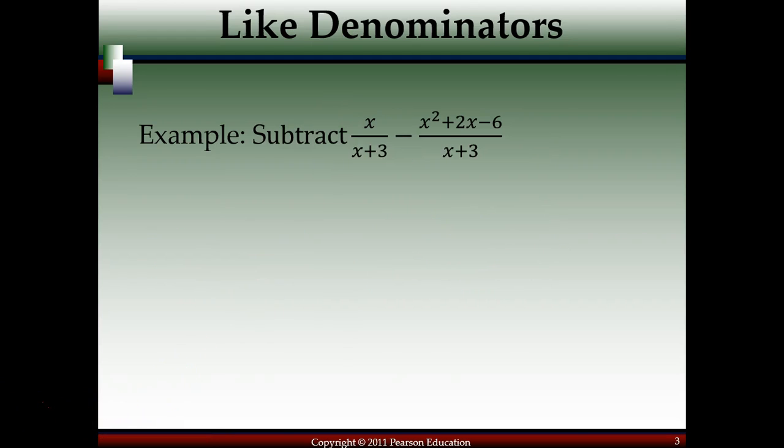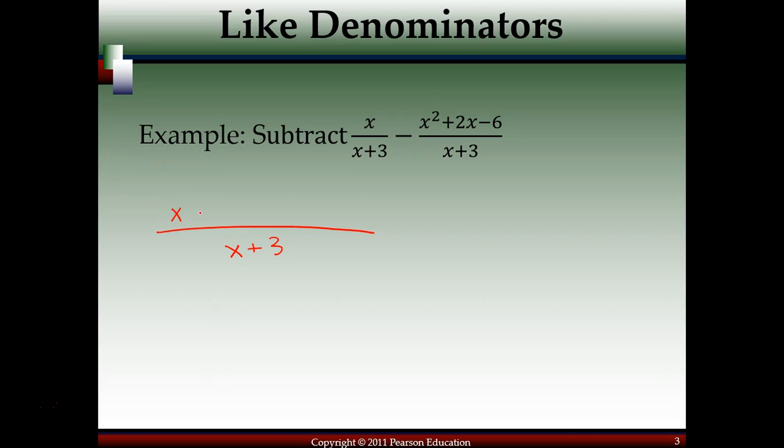All right, so this example is similar to the last one, except it says subtract. And in subtraction, whenever we have like denominators, we do it just as we did with the addition. Put everything over the same denominator and then combine together the numerators. But with subtraction, you've got to be careful.